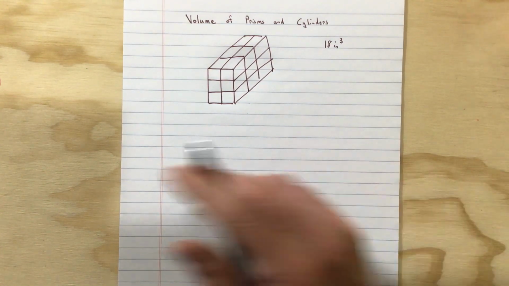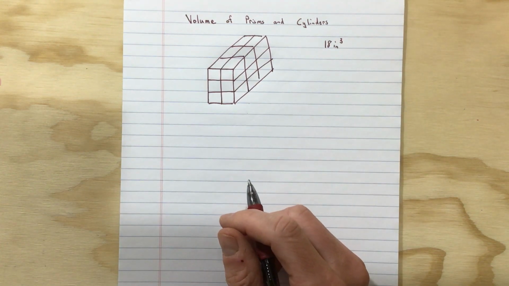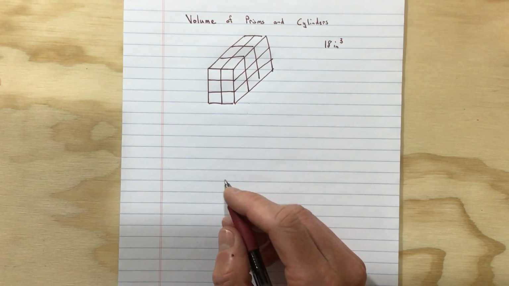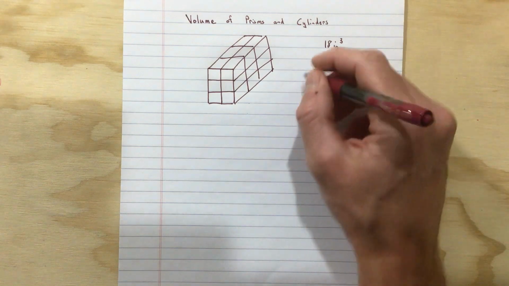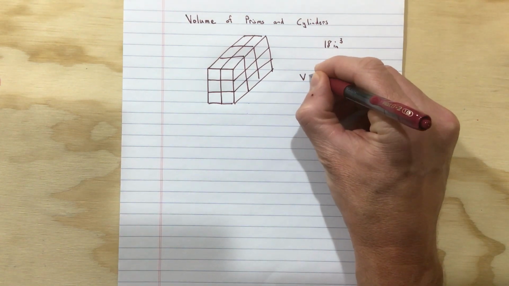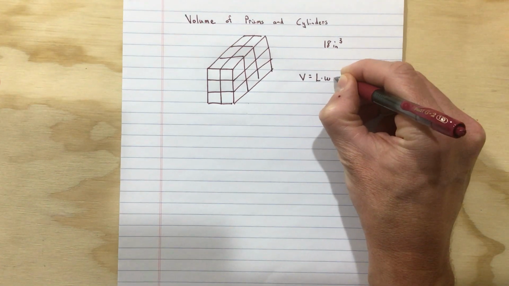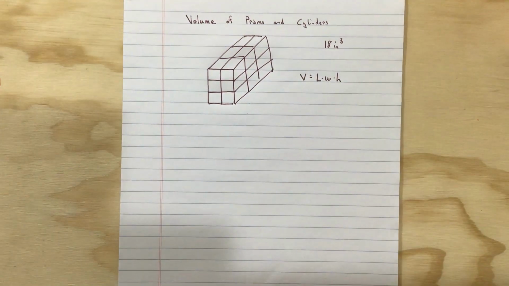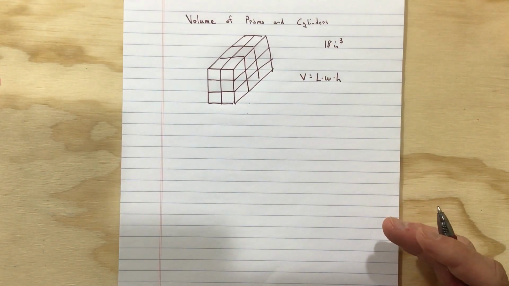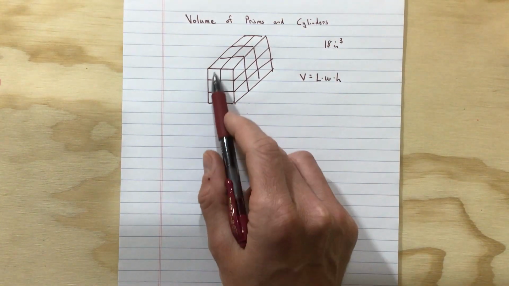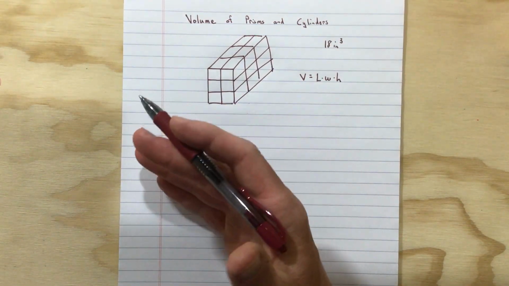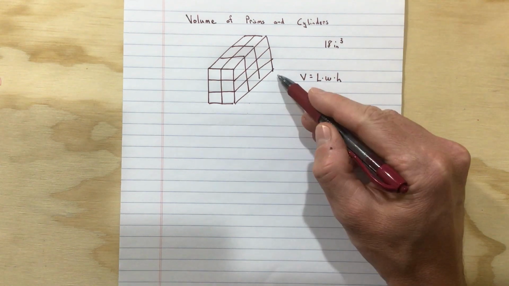Okay, I know this is review. There's no way we've made it this far in math without talking about the volume of a prism. So a rectangular prism, most people would say that the volume is just length times width times height, right? You're looking at all 3 dimensions. The length and the width give you the number of cubes in that front face, and then you really are just multiplying by the height.